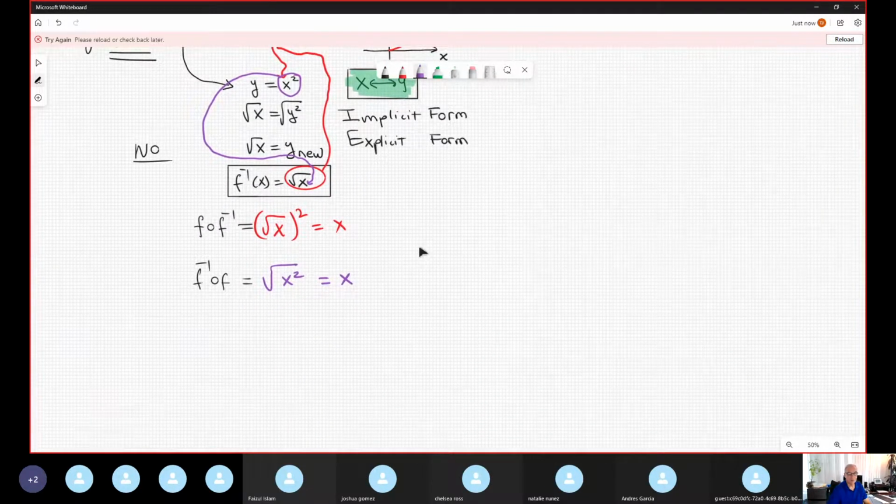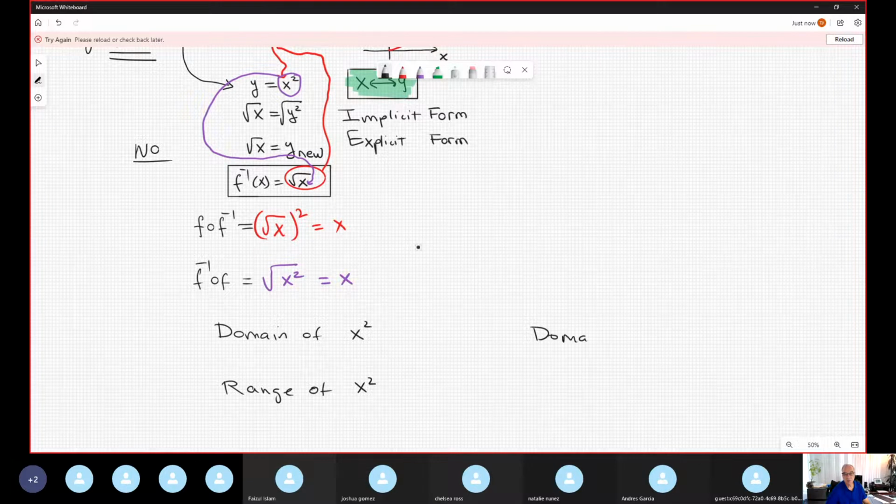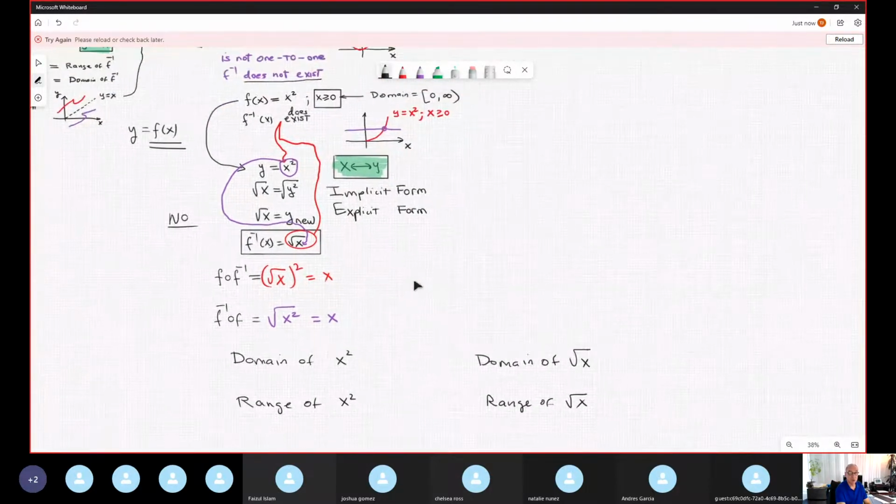Now, the domain of x squared and the range of x squared, and the domain of radical x, which is the inverse, and the range of radical x, which is the inverse. Well, the domain of x squared, remember, I assumed at the beginning, is this.